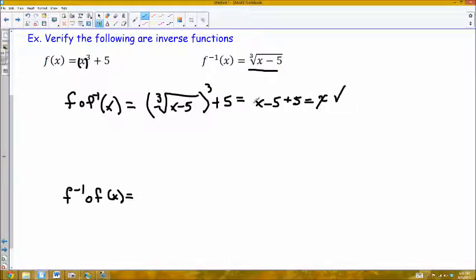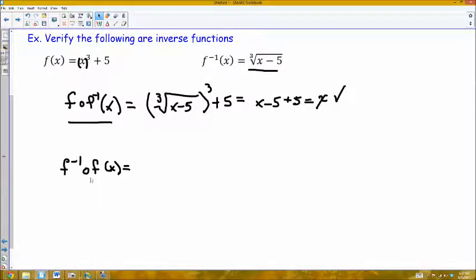So far so good. The composition in this direction gives me back x, so let's do it in the other direction and see if that gives me back x as well. So this time I'm taking the f of x value, which is x cubed plus 5, and I'm plugging that stuff in for x in this expression.